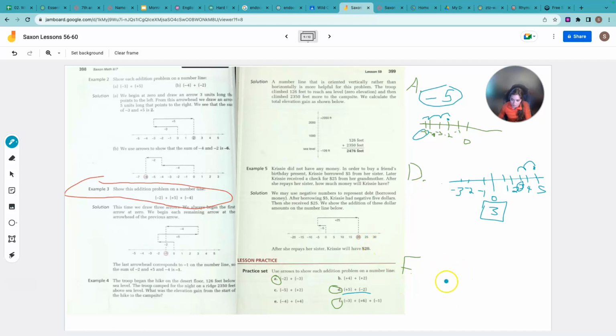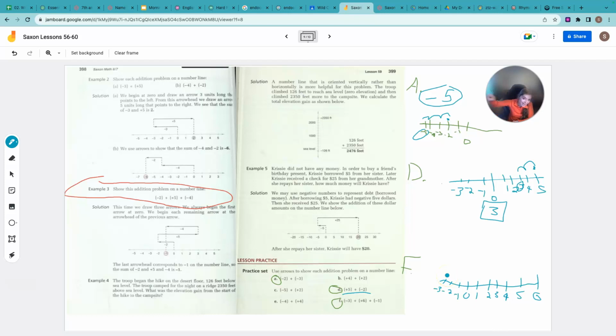Let's go to F. Oh, here's the doozy. Alright. So, we have 6, 5, 4, 3, 2, 1, 0, -1, -2, -3. Okay. So, what do we start with? Well, we start with a -3. And we're adding +6.